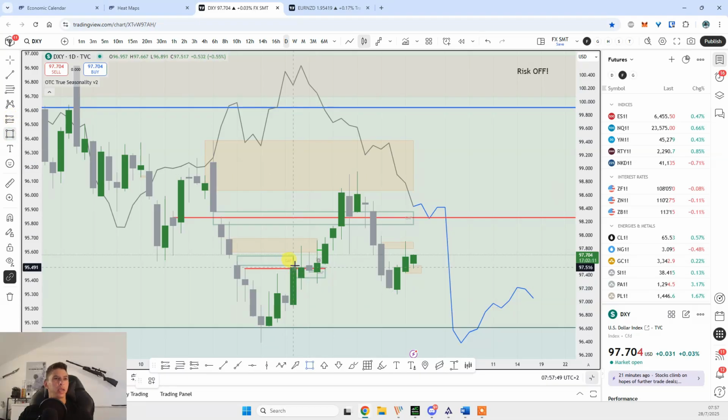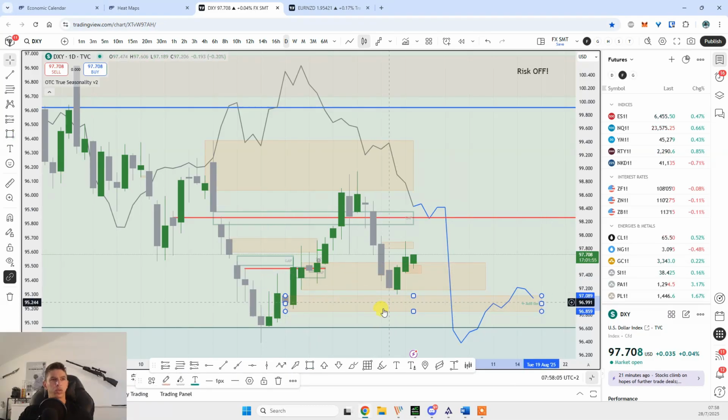Here we had a daily demand zone. We broke through it. We have another one here, which wasn't touched. So, yeah, I don't expect the dollar to rise too much.